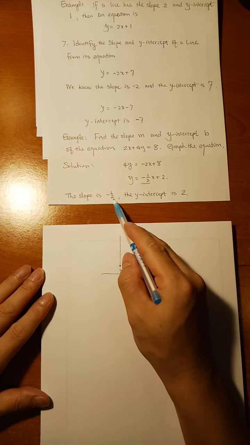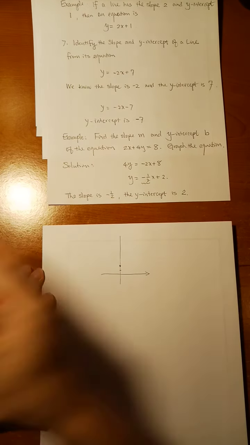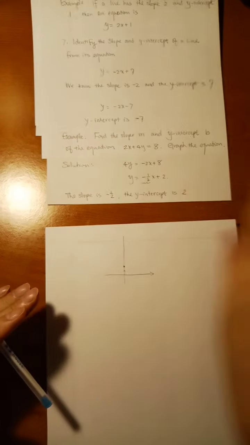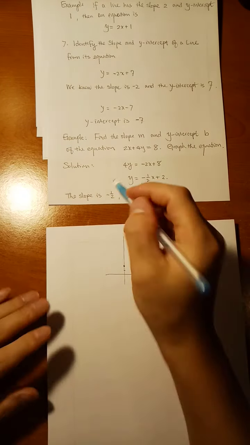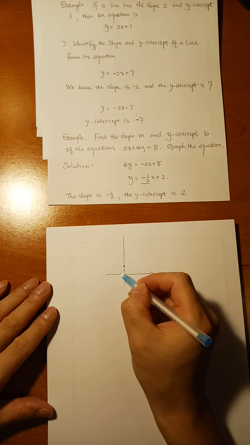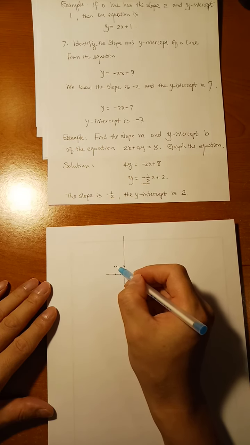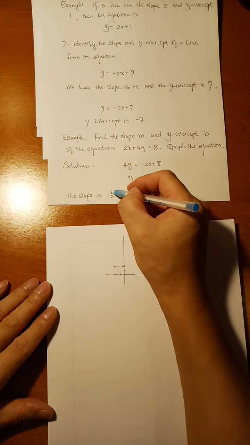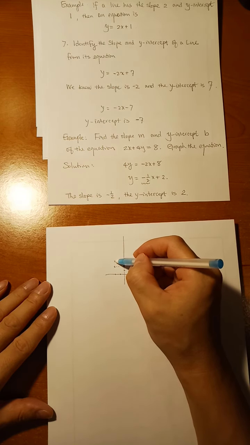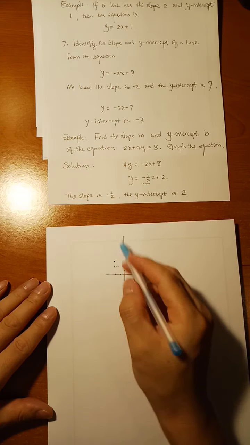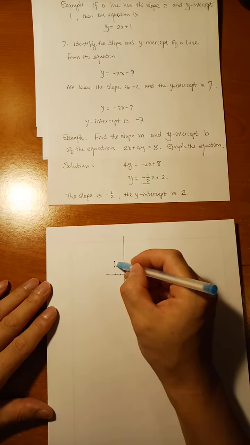The slope is negative 1/2. It's negative, so you have to move to the left. Remember that: positive, right; negative, left. And the 2 means you move horizontally 2 units. The numerator 1 means you move up 1 unit. Remember, it's negative, so that's why I move to the left.